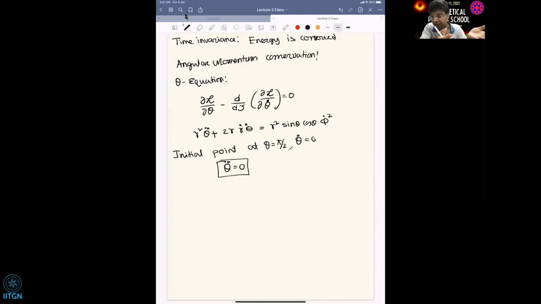That is, θ̇ does not change, and θ remains at π/2. So initially, if the particle is on θ = π/2, which is exactly the equatorial plane, the particle remains in the plane. Therefore, if we set θ = π/2, the particle remains in the plane.